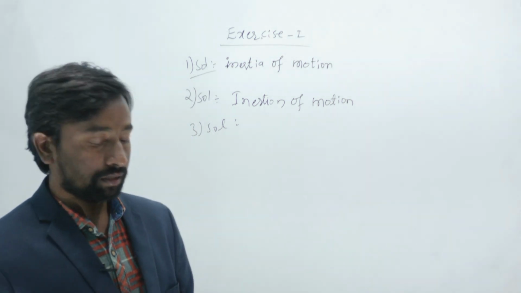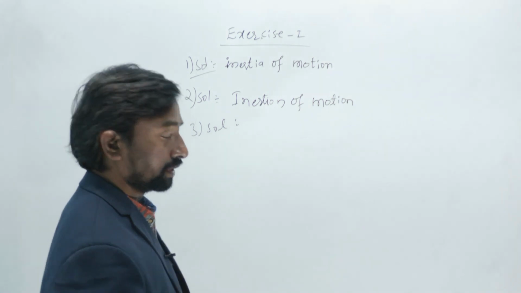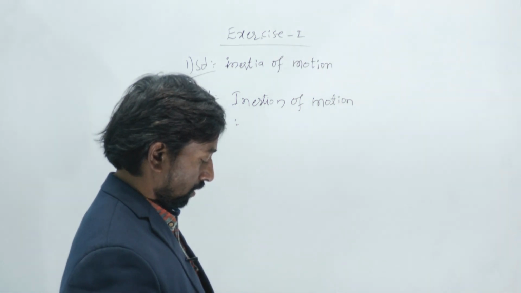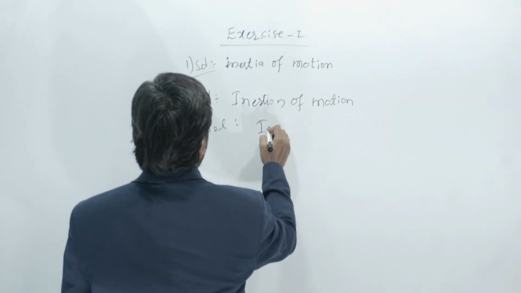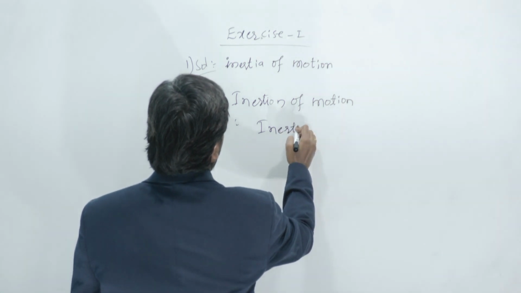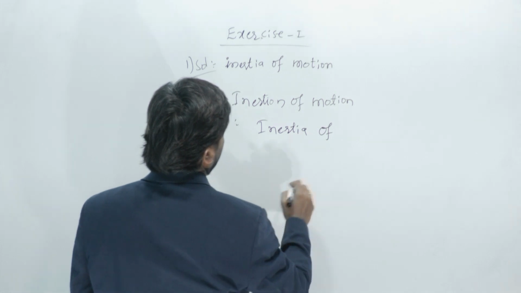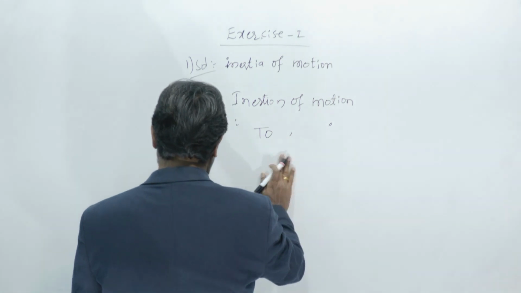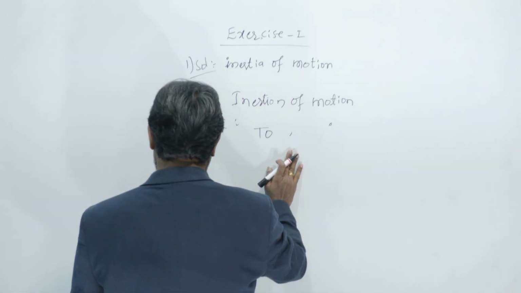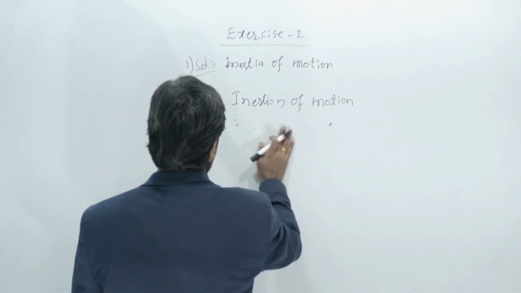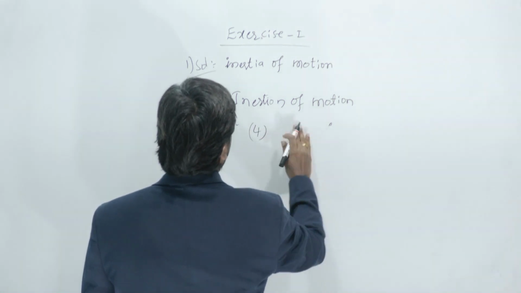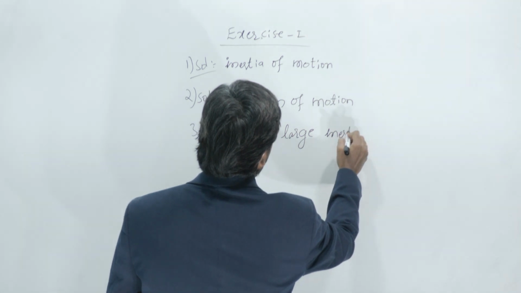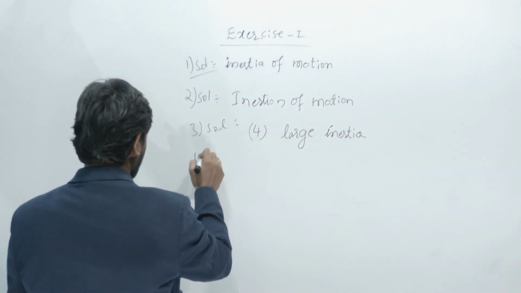Running gives him large inertia. So the third answer is inertia of direction, and the fourth option, large inertia. Now the fourth one.